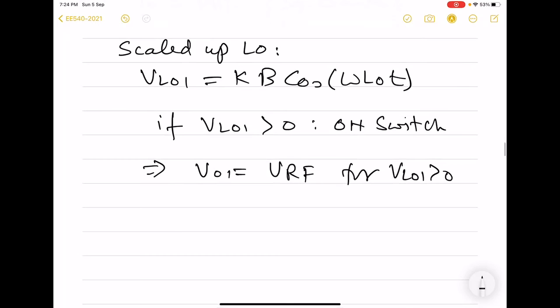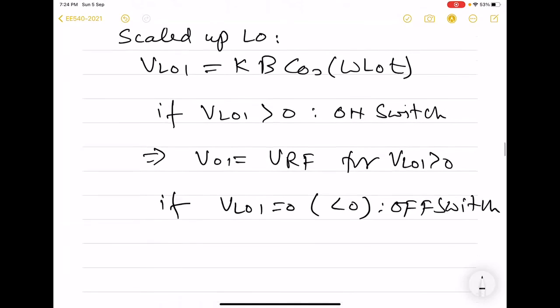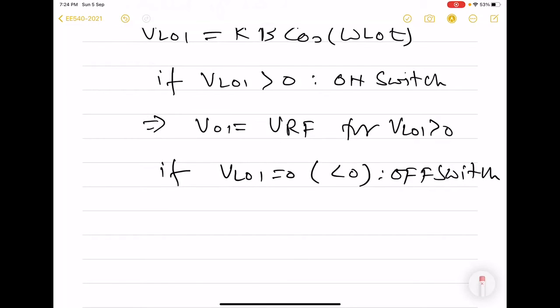And when VLO1 is 0 or maybe negative, this implies off switch, and VO1, the new output, is going to be 0, equal to 0 into VRF.